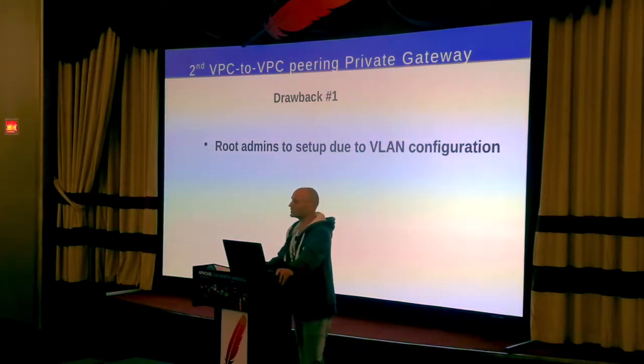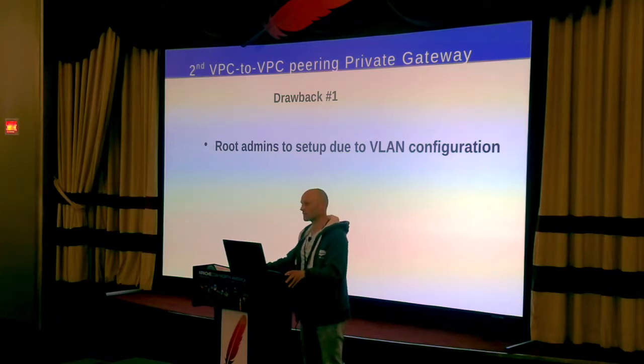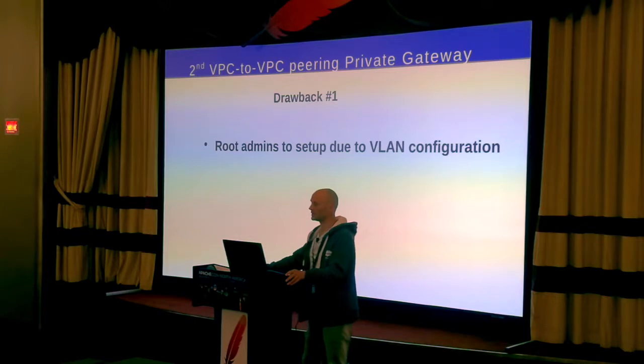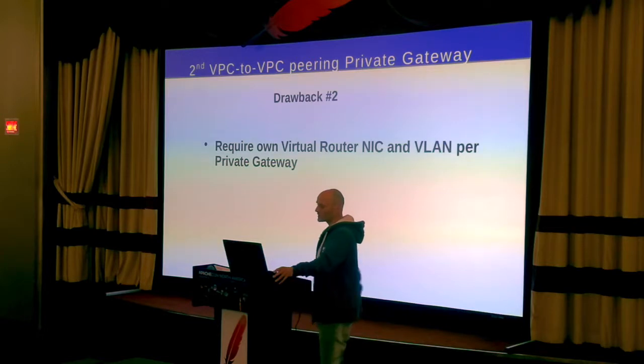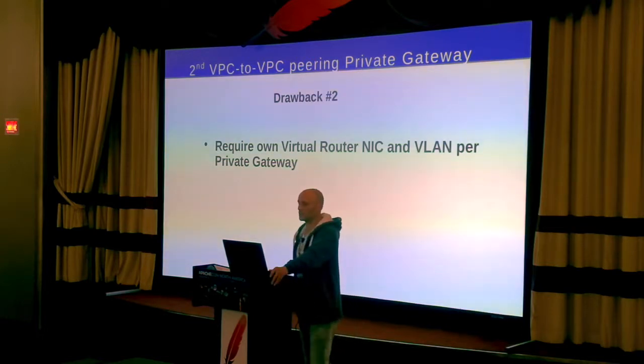Since normal users are not allowed to configure VLANs, they must phone up IT every time, and the root admin must then go ahead and configure it. Also, the second drawback is that each private gateway requires its own NIC and VLAN allocation.